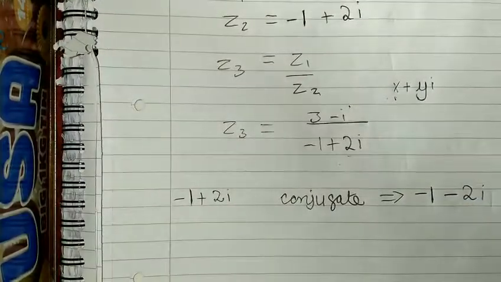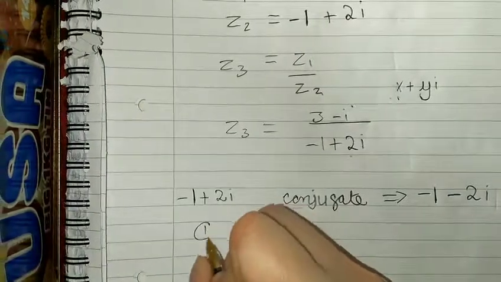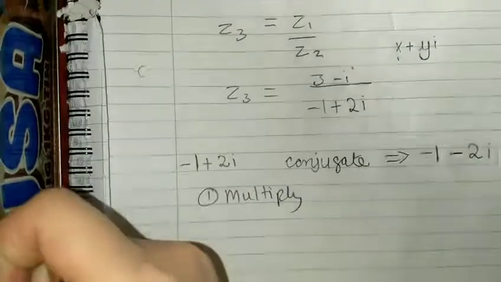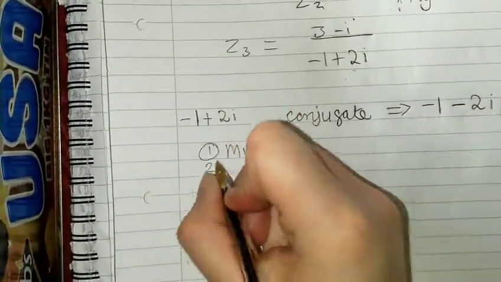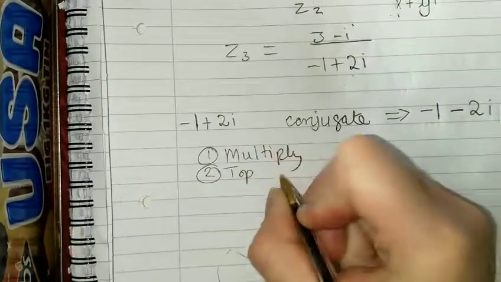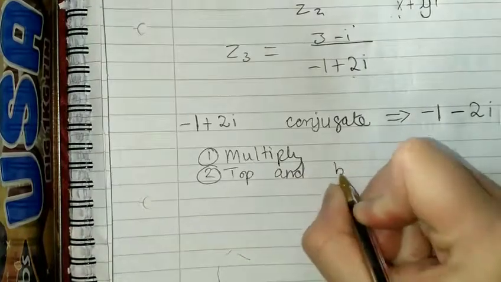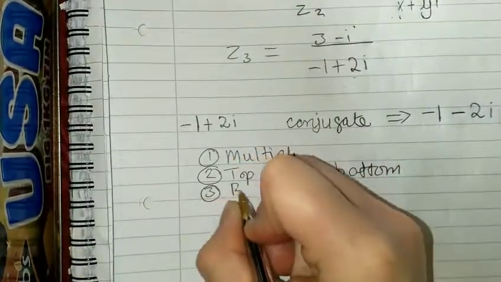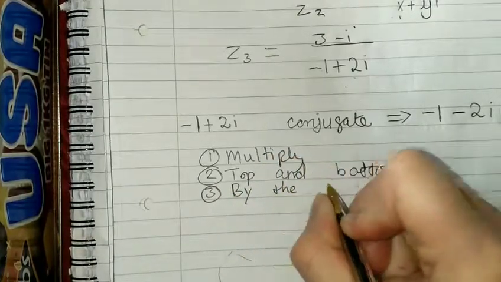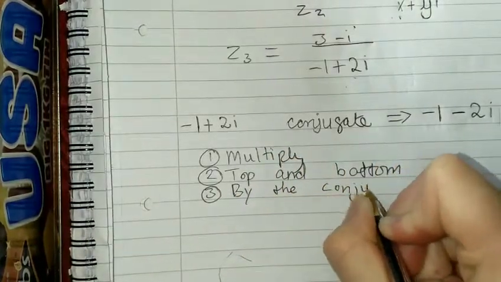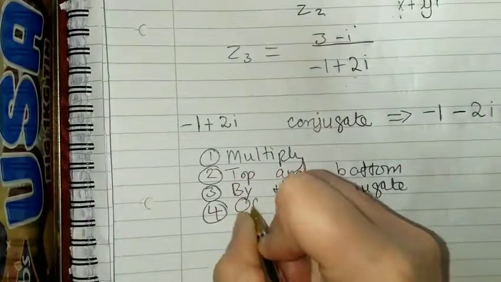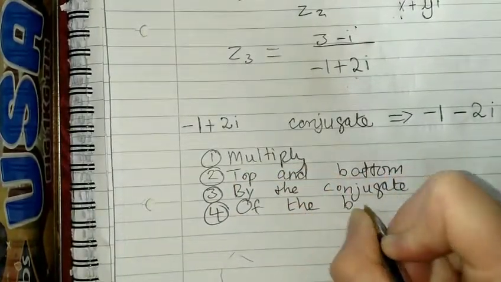The steps for division with complex numbers: I would recommend learning off the steps, having them ready in your head. We multiply top and bottom of the fraction by the conjugate. Remember, the conjugate is when we change the sign of the imaginary part, conjugate of the bottom, because we want to get rid of the complex part on the bottom.